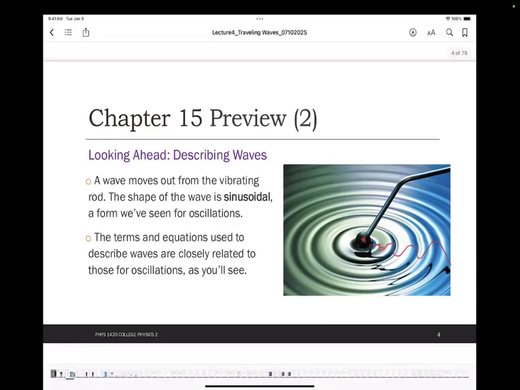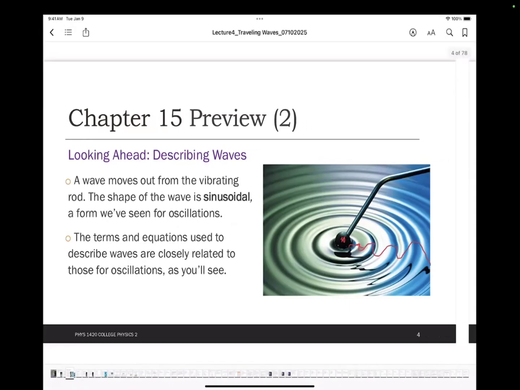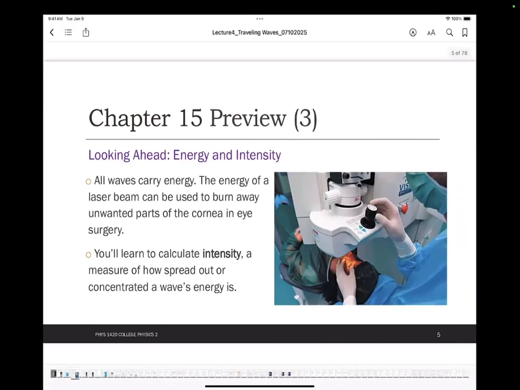So far we will learn what a wave is, what a traveling wave is, and how to describe waves. Then we will learn about energy and intensity. All waves carry energy. The energy of a laser beam can be used to burn away unwanted parts of the cornea in eye surgery.